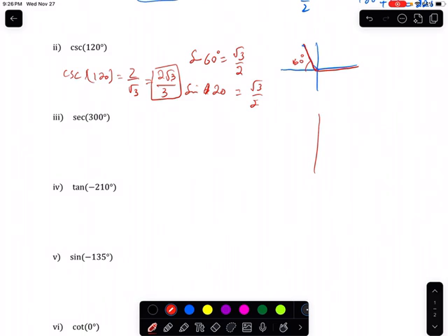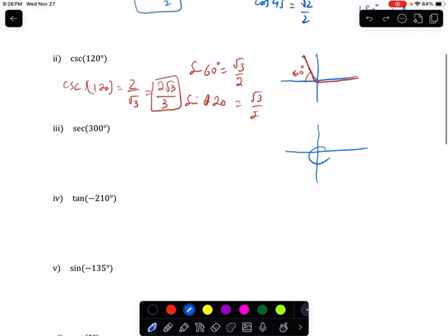330. So where will 330 be? It will be all the way over here, where this angle is, sorry, this is 300, okay, 300. So this angle should be 60. So about here, so that this angle is 60 degrees. So this is the reference angle.